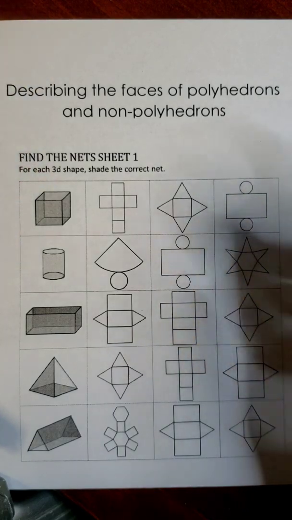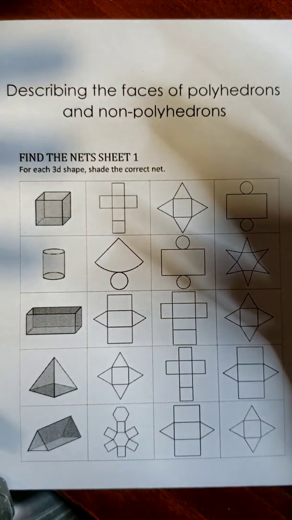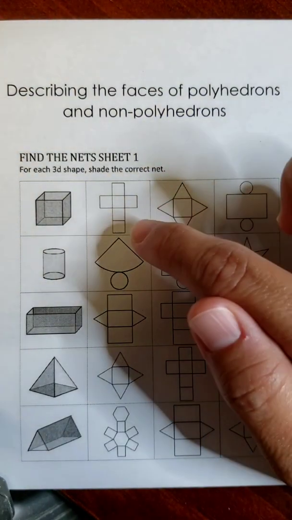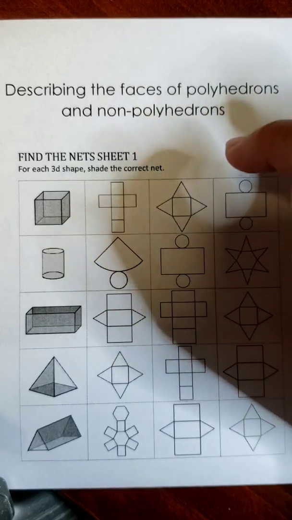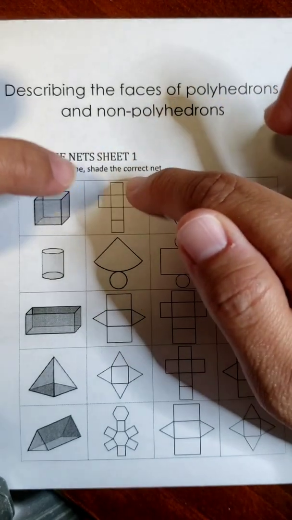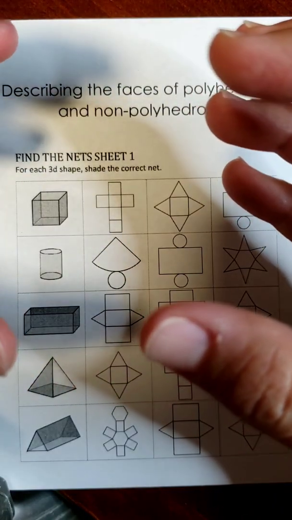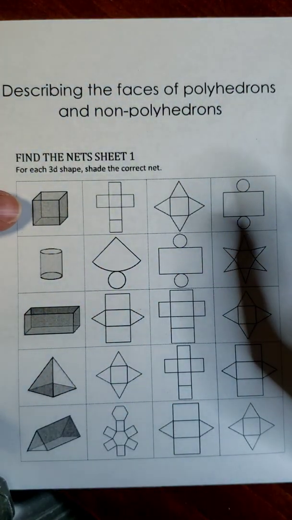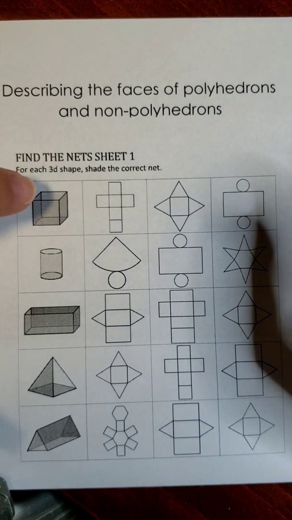So if I take a look at this picture here, and when I open it up like that, that's called a net. If I look at this picture, I see 1, 2, 3, 4, 5, 6 faces that are squares. If I were to put those faces together and kind of build a three-dimensional shape, would this be what turns out from this net? That looks pretty good.